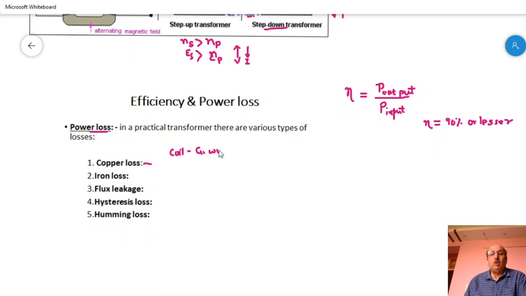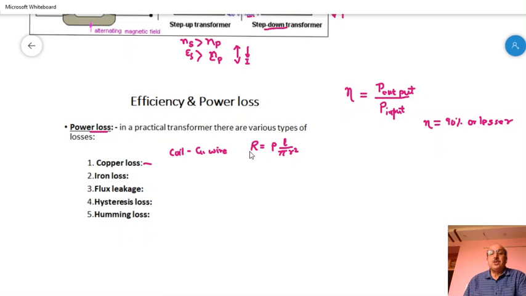and we know the copper wire is a very good conductor, but still it has some resistance. And we know resistance is equal to rho L by A. A is area, that is the cross-sectional area of wire, and we may write it as pi r square.